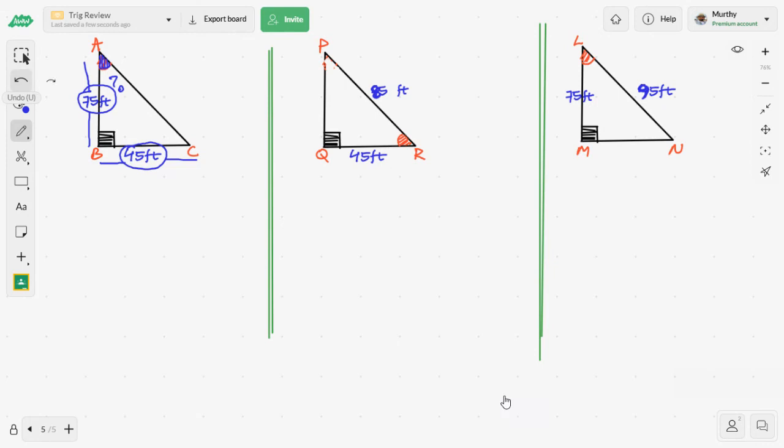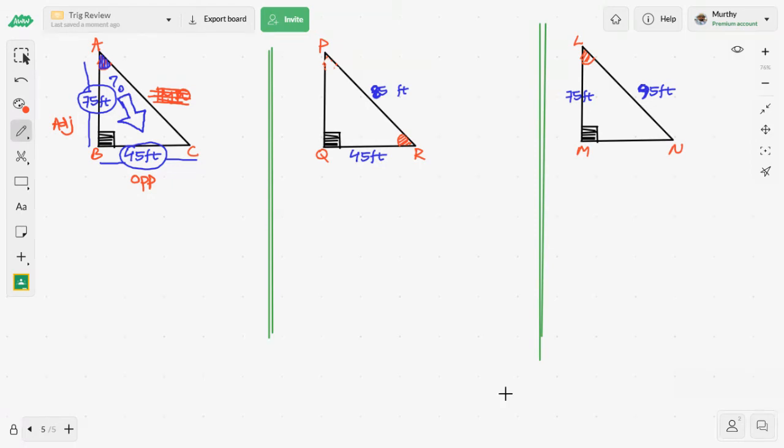So let me identify that this is the angle I have to find, angle A, and this is going to be my opposite side. The longest side is the hypotenuse, and the leftover side is the adjacent side. There is nothing to do with the hypotenuse in this question.